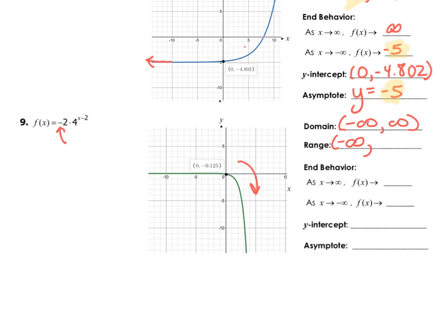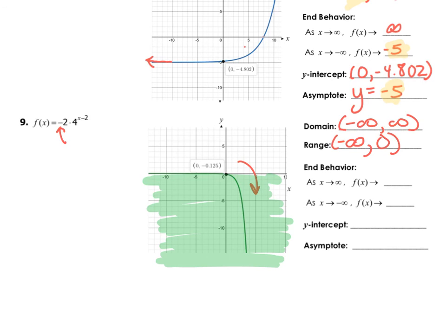We're going to continue moving up the graph, but then we're going to hit, boom, 0, and then we won't be able to move up the graph anymore. So our range is going to stop at 0.